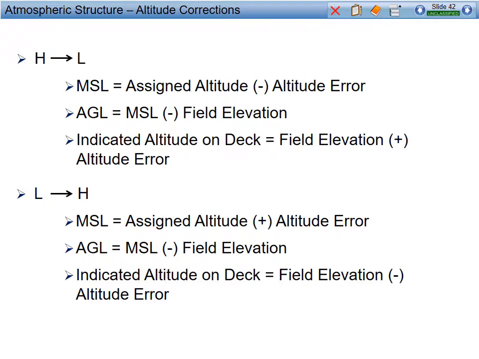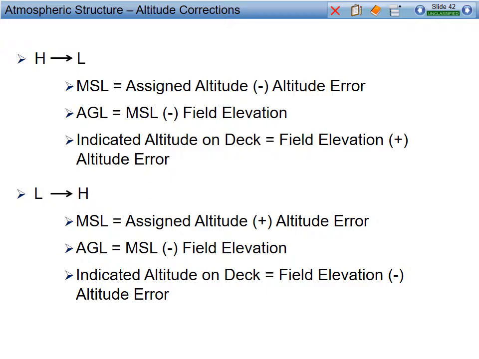This slide is a summary slide of the differences between traveling from high to low and low to high pressure, for both calculating the amount of error, the actual true altitude, and the indicated altitude if you were to land at your destination field without adjusting the altimeter setting.